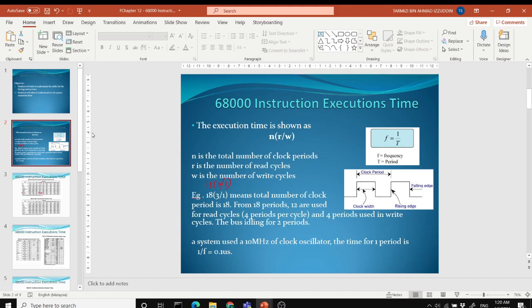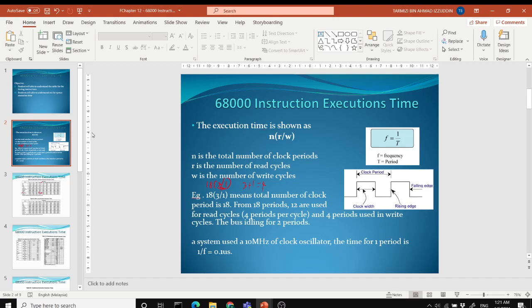Inside here is written the number of read cycles and the number of write cycles needed to read and write from the data bus. So we have a total of 4, 3 plus 1 is 4. Okay, total of 4.